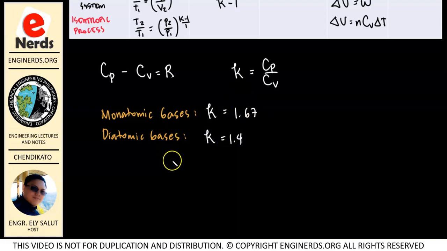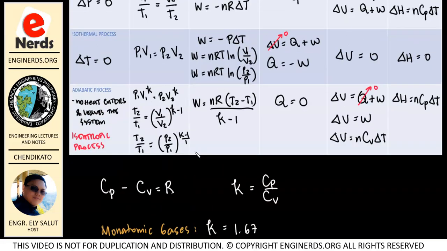And finally, if we are working with polyatomic gases, our K is equal to 1.3. Examples of polyatomic gases are carbon dioxide, SO2, NH3, CH4, and so on. So these are examples of polyatomic gases.